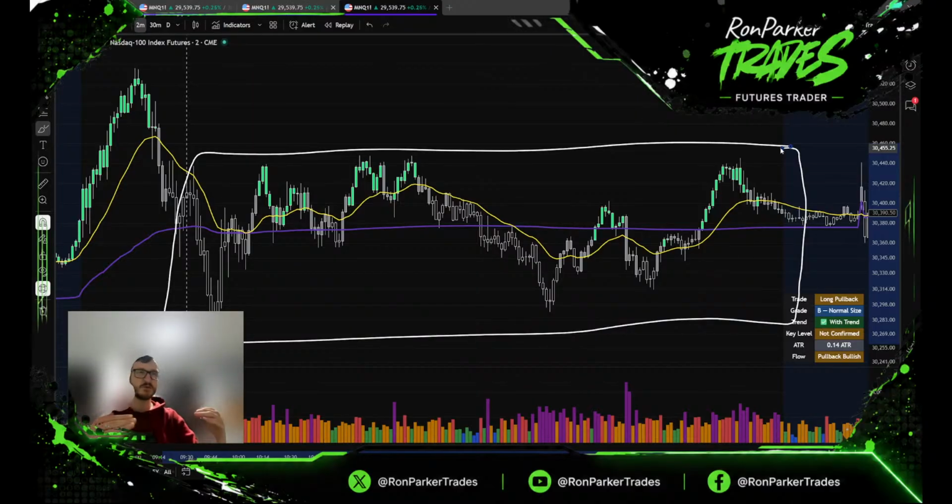We've got a flat VWAP, we got the EMA wrapping around it like spaghetti, price action just zooming around the VWAP. There's no clear directional bias. Maybe we got a few minutes of clarity here and there for those scalpers out there, right? But there's no clean trend to this price action.